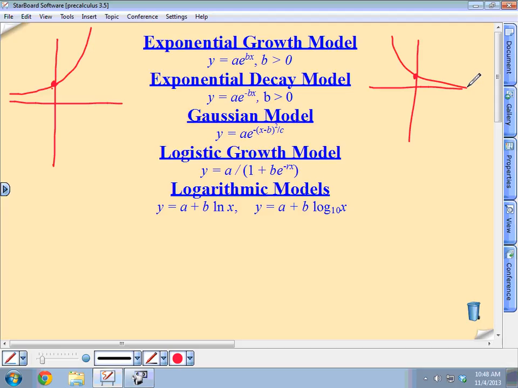All right. The Gaussian model is used mostly in statistics and probability. It's the bell curve, and you've seen that probably before in different probability and statistics classes. Over the weekend when I graded the Algebra 1 tests, the Algebra 1 students, as a whole, didn't do great on the exam.